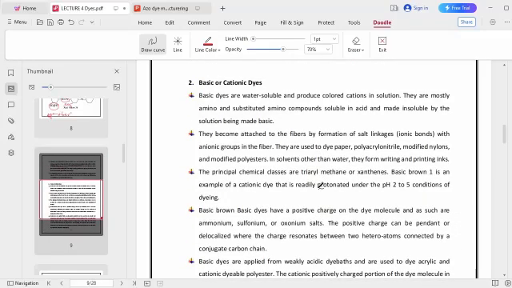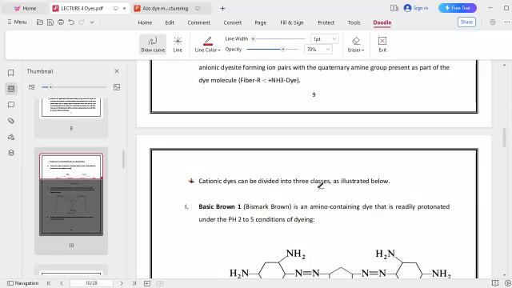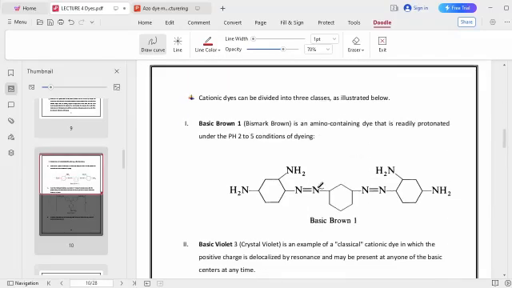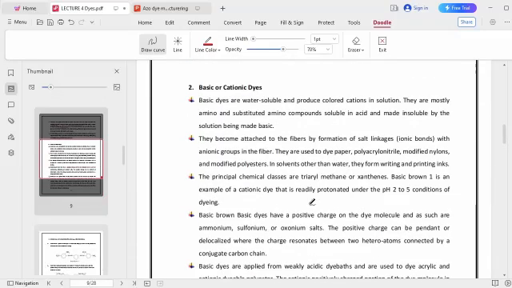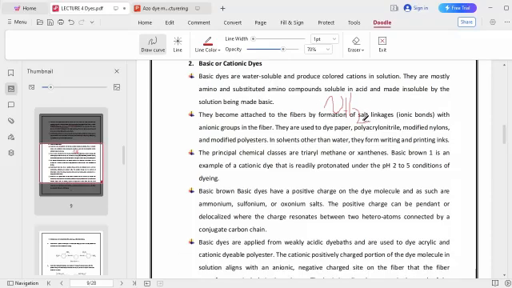These ones are opposite of the acidic dyes in the sense that now, in their structure, they contain amino groups, which means the dye contains some positively charged groups like amine, NH2. Okay, so they are mostly amino or substituted amino compounds, and they are soluble in acid.